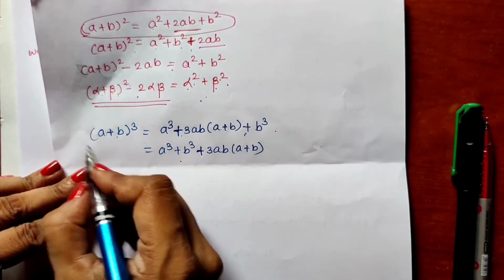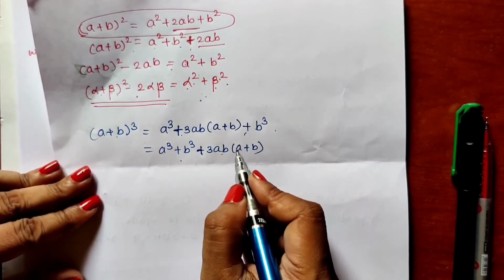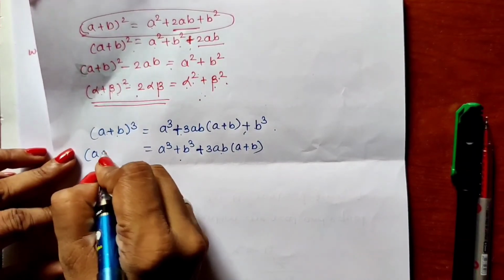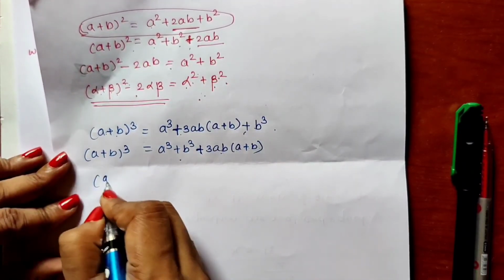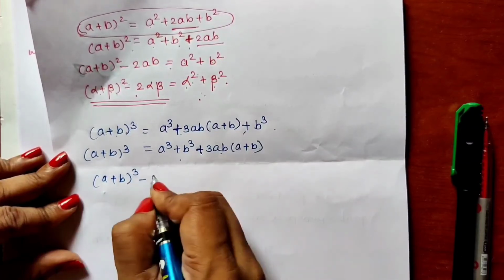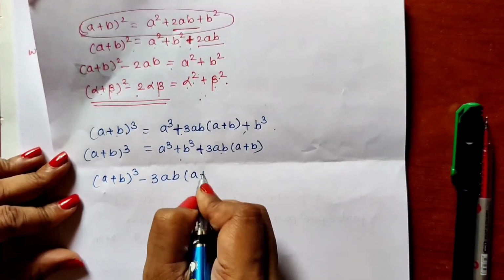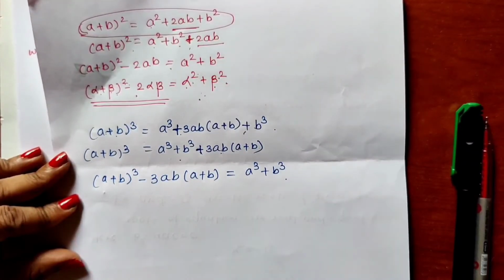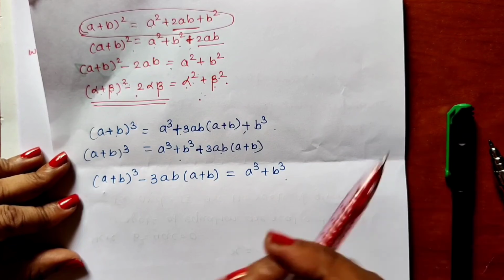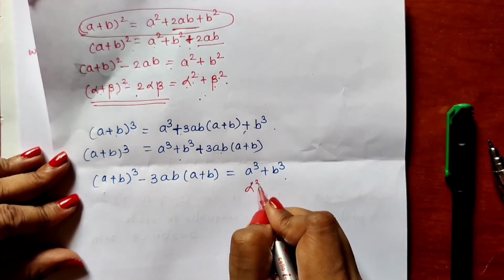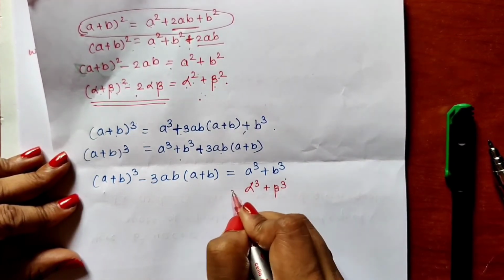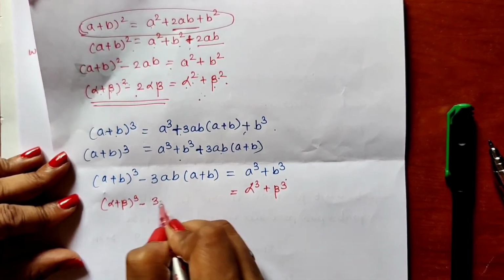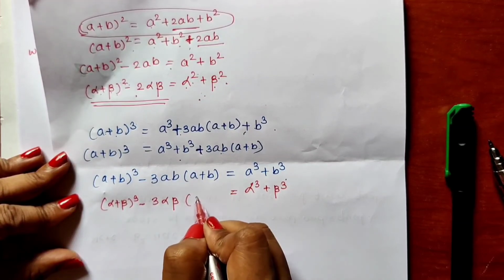Now if I transfer this plus 3ab into a plus b to the left hand side, what will I be getting? I will be getting a plus b whole cube minus 3ab into a plus b is equal to a cube plus b cube. So in place of a cube plus b cube, what will I be writing? Alpha cube plus beta cube. So alpha cube plus beta cube will be equal to alpha plus beta whole cube minus 3 alpha beta into alpha plus beta.